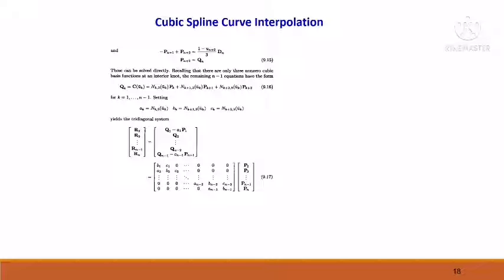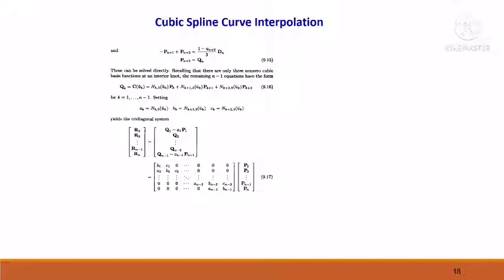A global cubic curve interpolant with different kinds of derivative directives is mentioned here, with n equal to n plus 1 and n plus 2, which gives q of n. These can be solved directly, recalling that there are only three non-zero cubic basis functions at the interior knot, and the remaining n minus 1 equations have this form.